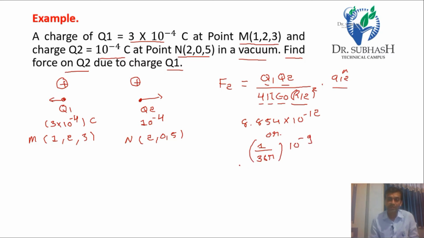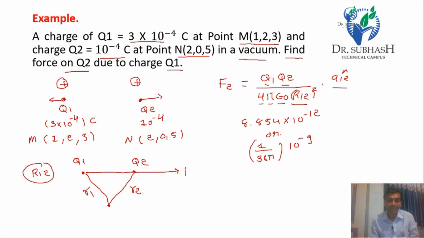So let's first find out the value of r12. For that, let's figure it out. Here this one is q1, this one is q2. With respect to the origin, the position vectors can be represented by r1 and r2, and the force on q2 due to the charge q1 is in this direction, and the unit vector is a12.